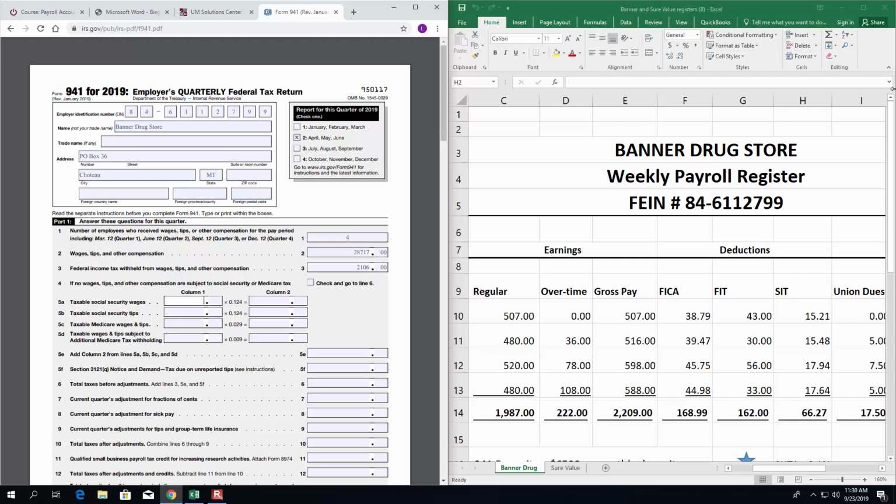Okay. So, I go ahead, I get my wages in there, right? Why am I multiplying by 12.4 here? Who's completing this return? The employer. The business. Why am I multiplying by 12.4 here?